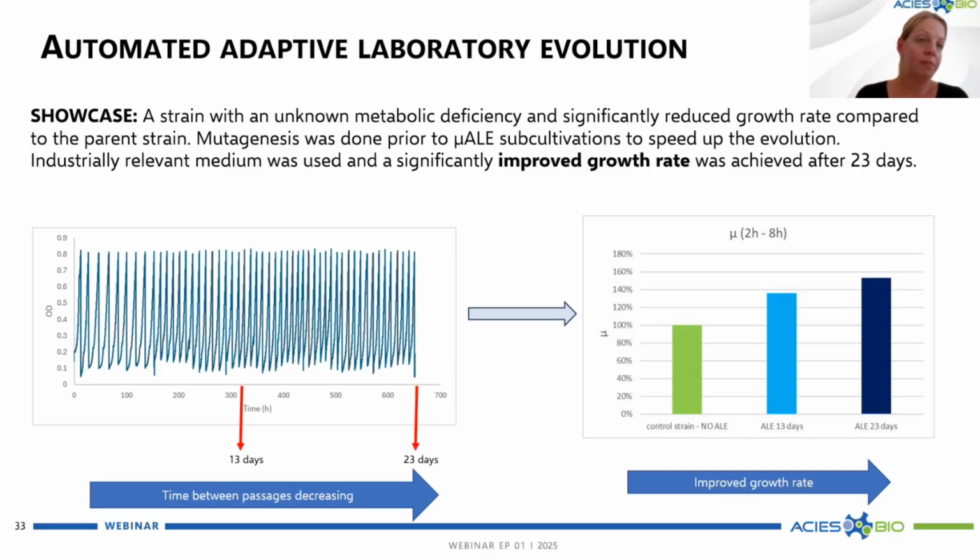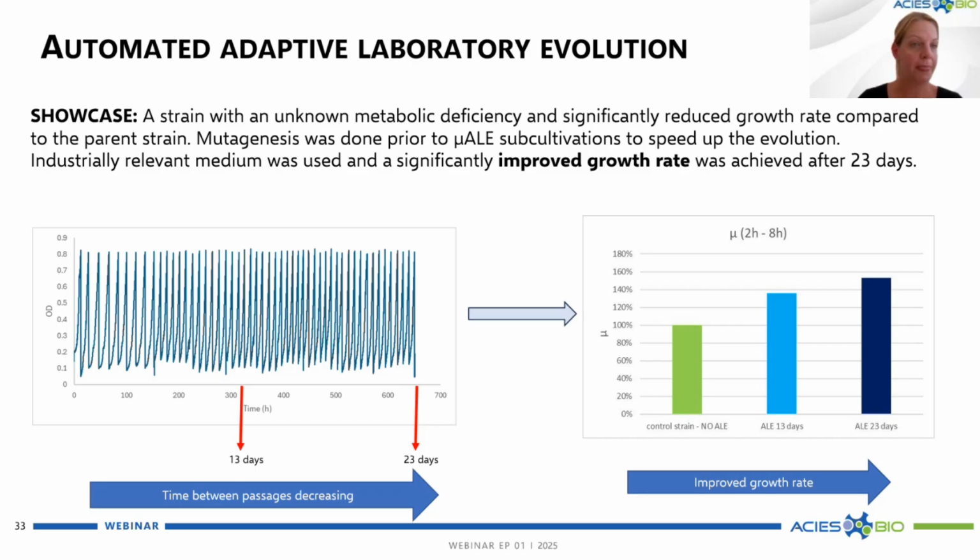To speed up the ALE process, we introduced mutagenesis at the beginning of the ALE, and then we started the subcultivations. So we screened the strain even after 13 days of subcultivations in ALE, and also after 23 days, and significant improvement in growth rate was observed even after 13 days and also after 23 days.